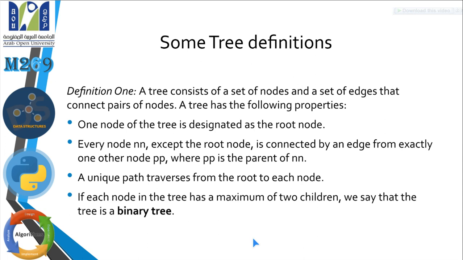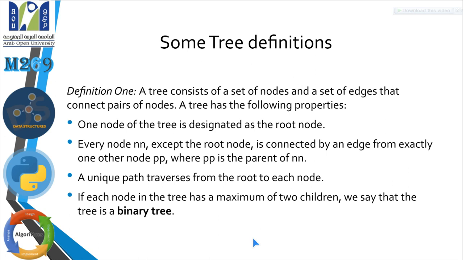Okay, now we have a special type of trees that are part of the tree, which is the binary tree. The binary tree is a tree that has a maximum of two children. So the node might have two children, one child, or no child.